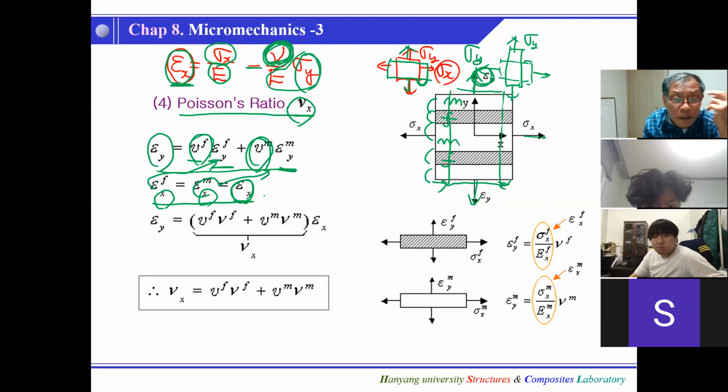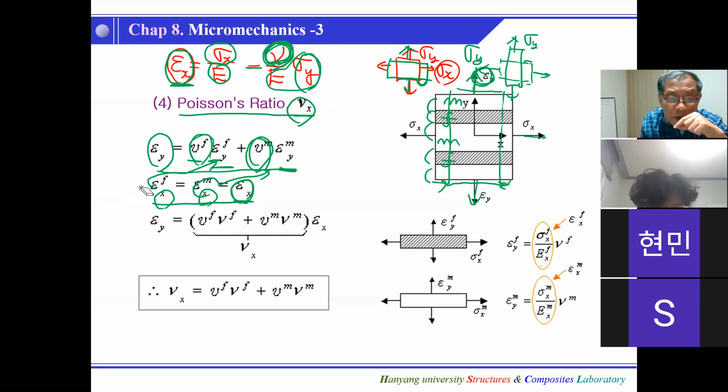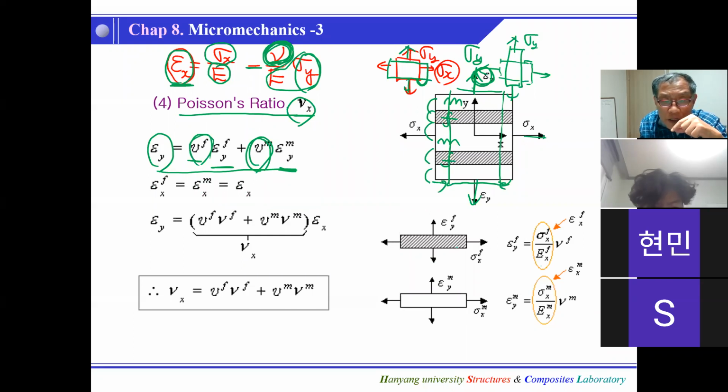And this is the sigma X. But when we calculate here, we have to consider this. In the fiber, there is a Y directional strain, and by definition of a Poisson's ratio, this is the fiber directional strain.